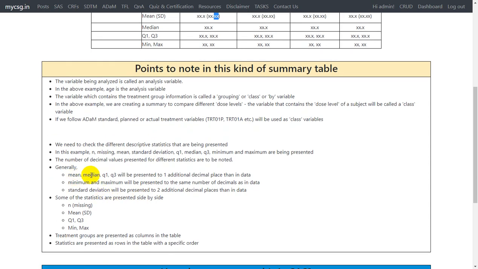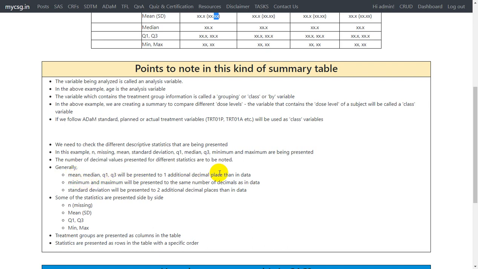Generally, mean, median, Q1, Q3 will be presented up to one additional decimal place than in data. For example, if age is collected in integers, we need to present one decimal for mean, median, Q1 and Q3.